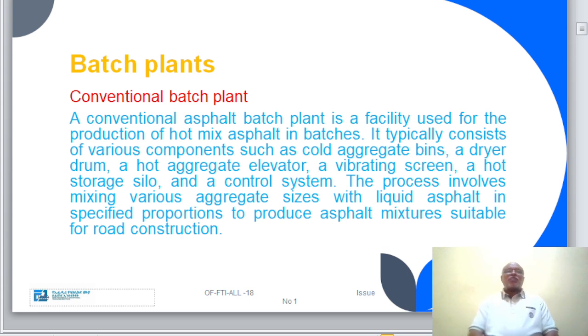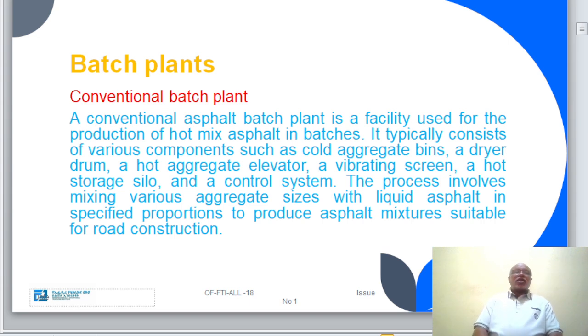In this type of mix plant, the asphalt is produced in batches of predetermined weight, and the heating of the aggregate precedes both the determination of the batch weight and the asphalt mixing. The batch weight may vary from 1,000 to 5,000 kg depending on the plant model.